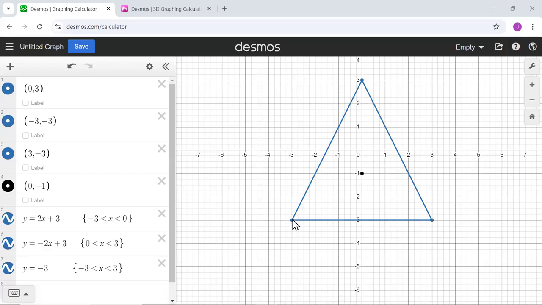Now we're going to check this boundary. This boundary is the line y equals 2x plus 3, and it spans from x value of -3 all the way to an x value of 0. And then we'll check this boundary. This boundary is y equals -2x plus 3, and it spans from x value of 0 to an x value of 3.